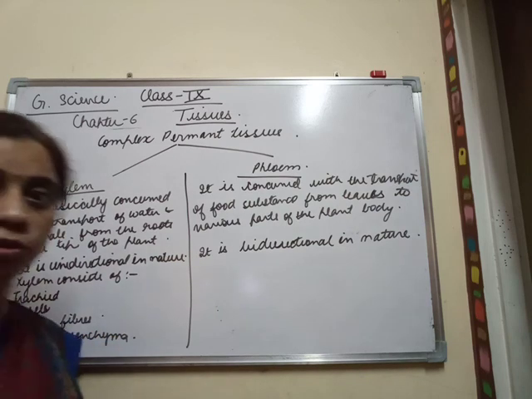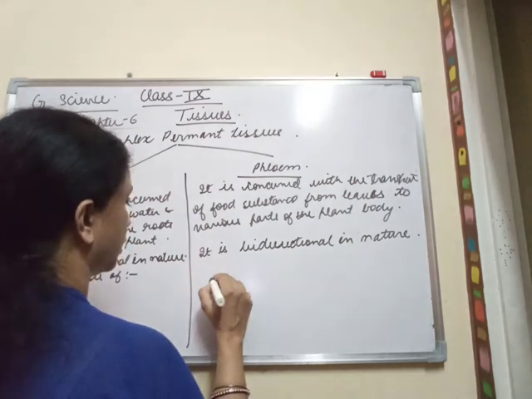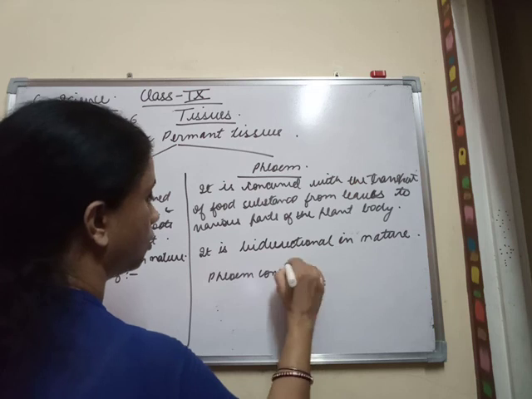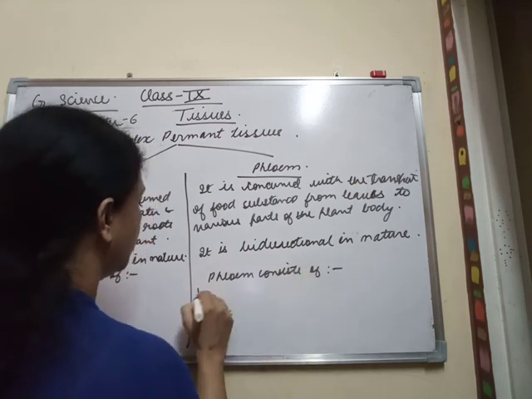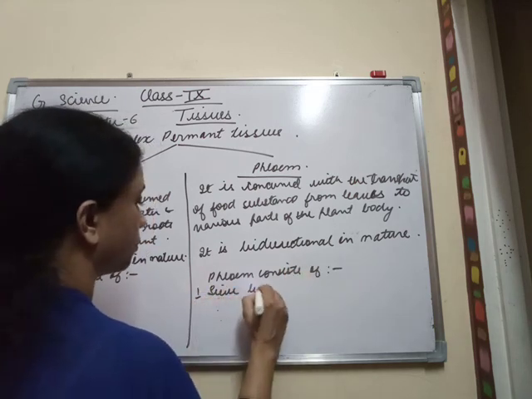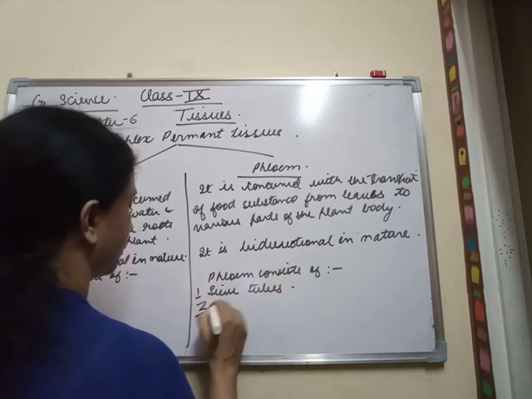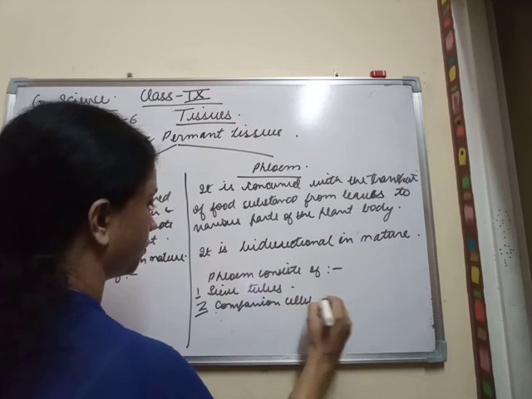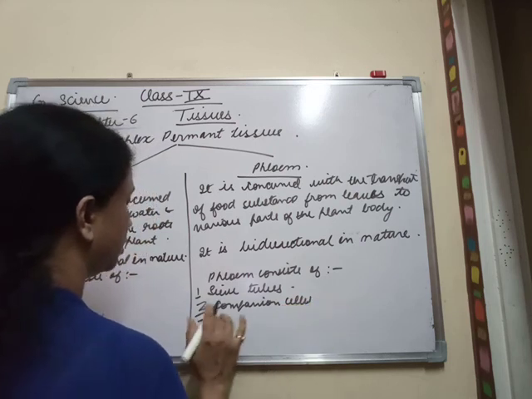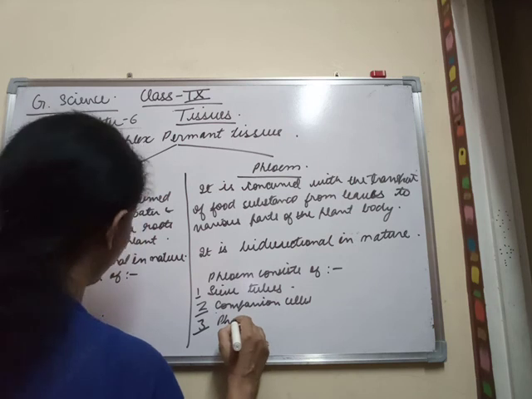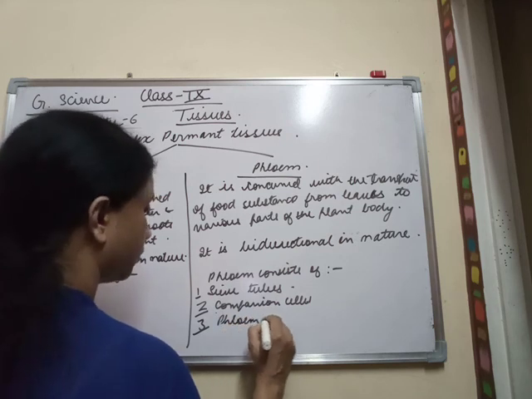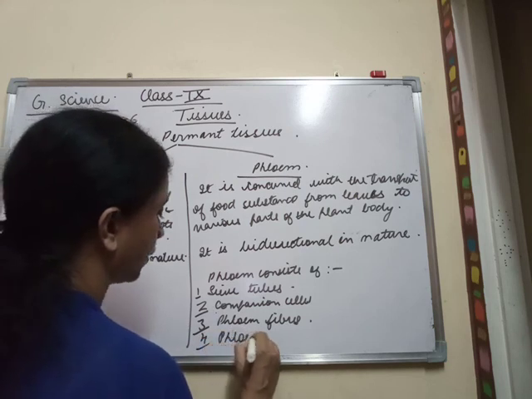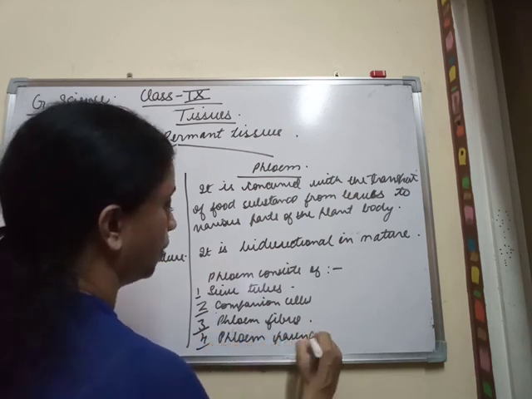When we are going to talk about the phloem, it consists of, number one, sieve tubes, companion cells, third, phloem fibers, and fourth, phloem parenchyma.